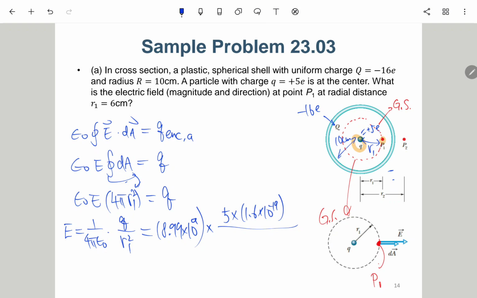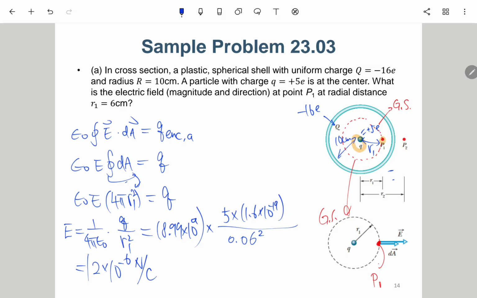So R1 is 6 centimeter, so 0.06. We need to convert it back to the SI unit, so you need to pay attention: if it is centimeter, you need to convert it to 0.06 meter. So this is actually 2 times 10 to the negative 6 Newton per Coulomb.